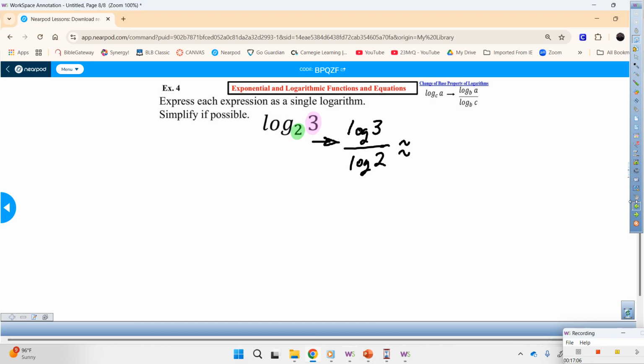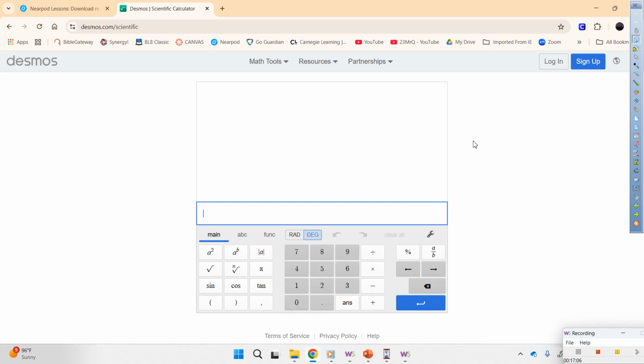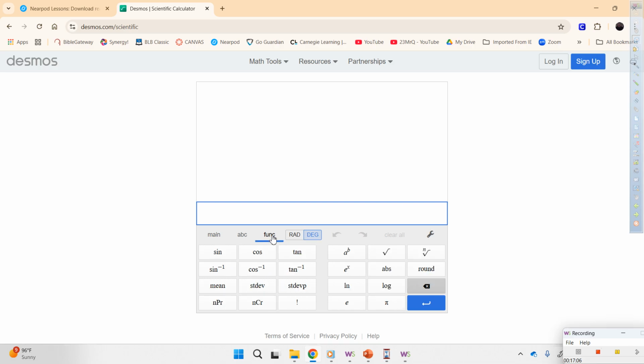All right, so what are we looking for? We're going to type in log 3 divided by log 2. So to do that, look up. Here in your Scientific Calculator, you're going to go to the word function to find the function. Tap on log. Type in the number 3, close parentheses.